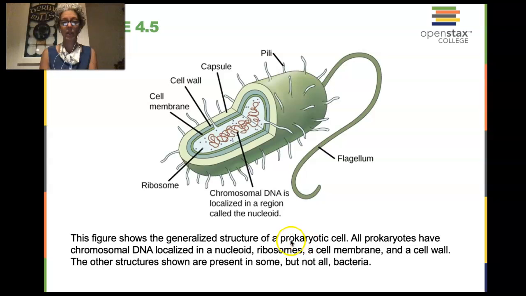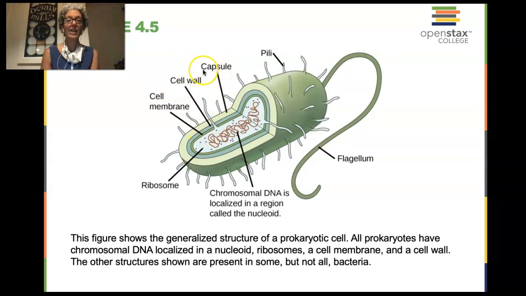Prokaryotic cells, the pro meaning before and the karyo meaning nucleus, before the nucleus. They do not have any internal membranes. The only cell membrane they have is that cell plasma membrane. Outside of that, typically, prokaryotic cells have a cell wall.